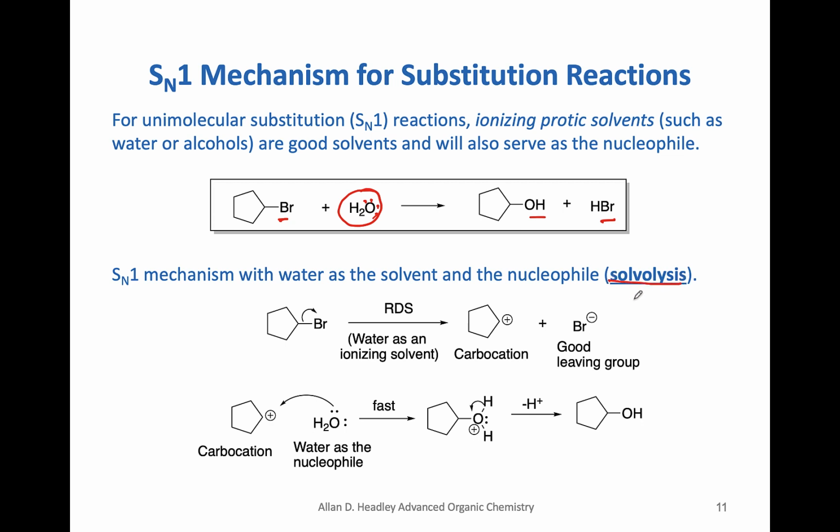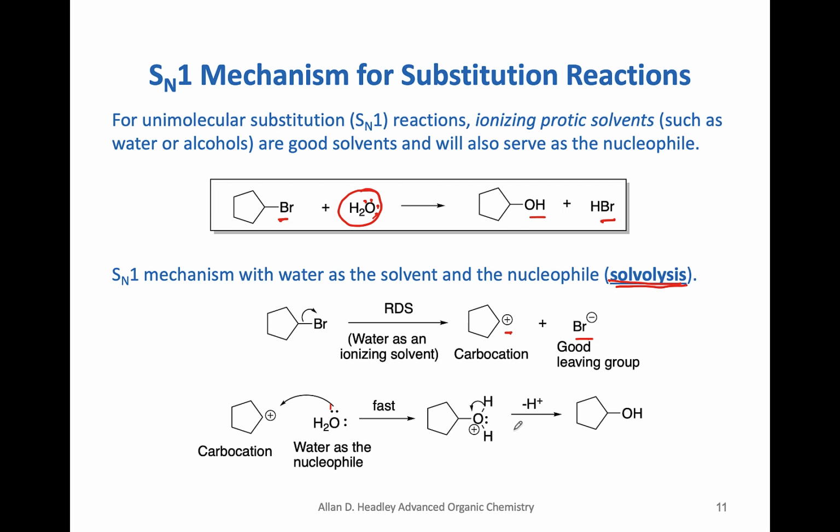So we have a couple of names for this type of mechanism: SN1 mechanism, unimolecular mechanism, and now solvolysis for the same type of mechanism. So it works by a heterolytic cleavage, as expected, to give the carbocation and a good leaving group. Water now attacks, the nucleophile attacks. It carries with it an extra proton.